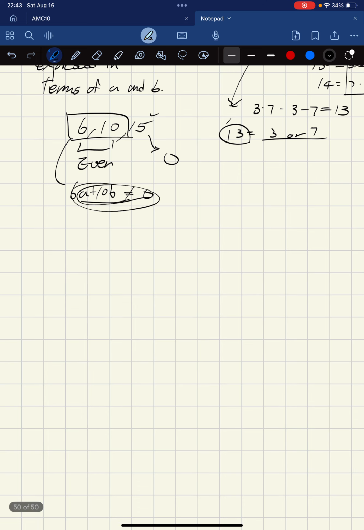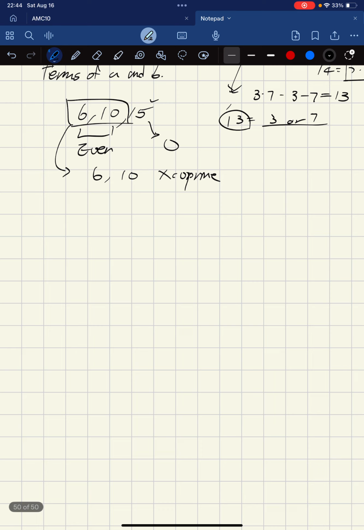So let's try to apply the Chicken McNugget theorem to 6 and 10. But note that 6 and 10 are not coprime. So when I thought of doing this, I thought, well, let's just divide by the GCD. The GCD is 2, right? So we divide by that.